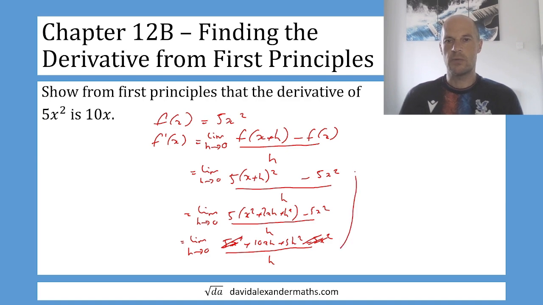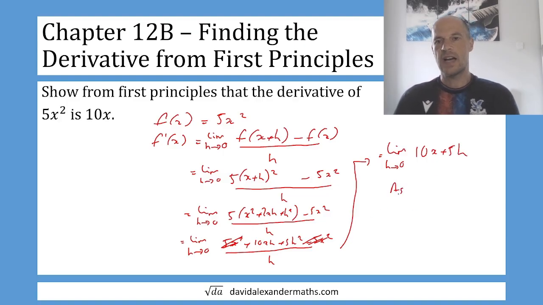Now let me just take the workings up here. So again, as h is tending to 0, h will cancel out with one of those h's, so that will be 10x plus 5h. Okay, now as h tends to 0, 5h tends to 0. So therefore the derivative of 5x squared is 10x, because this part here is 0.